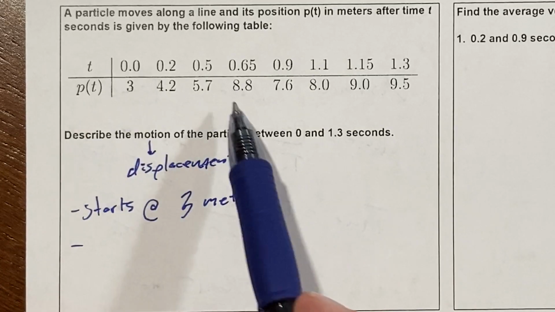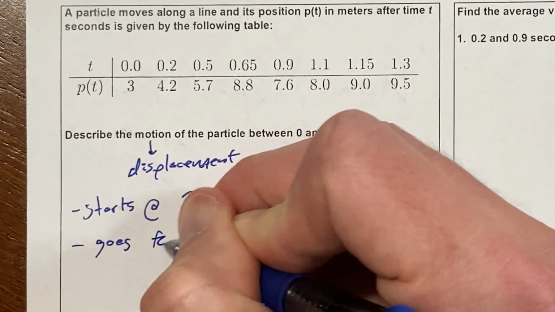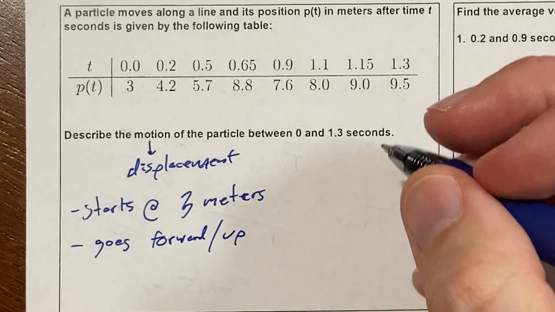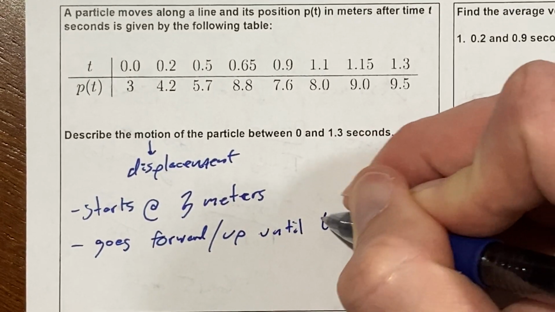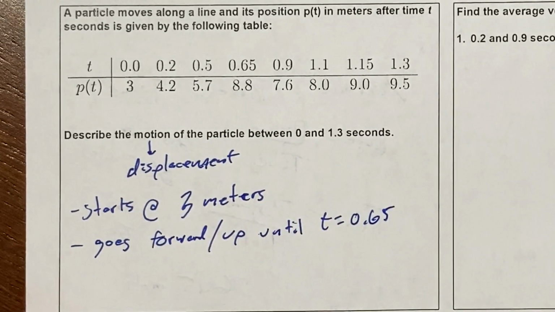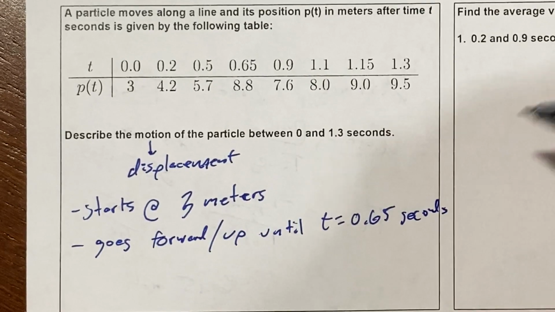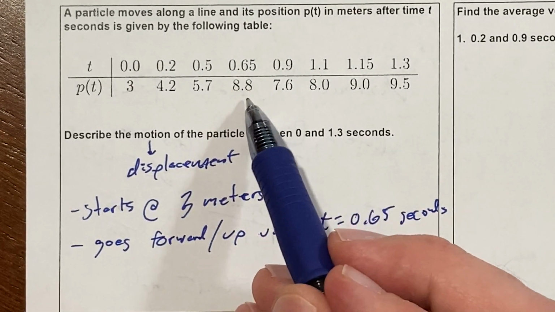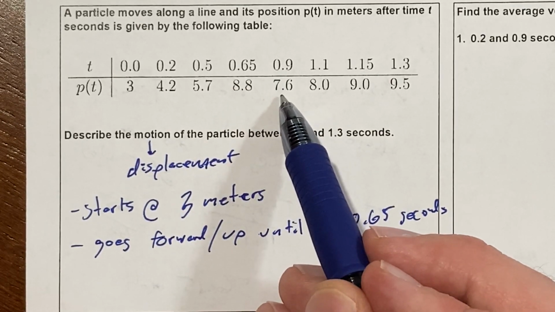So if we start at 3 meters, let's say that it goes forward or up, whatever you want to say, until the time is 0.65 seconds. Okay, and so when we're at 0.65 seconds, we're at 8.8 meters, and then we move backwards a little bit.